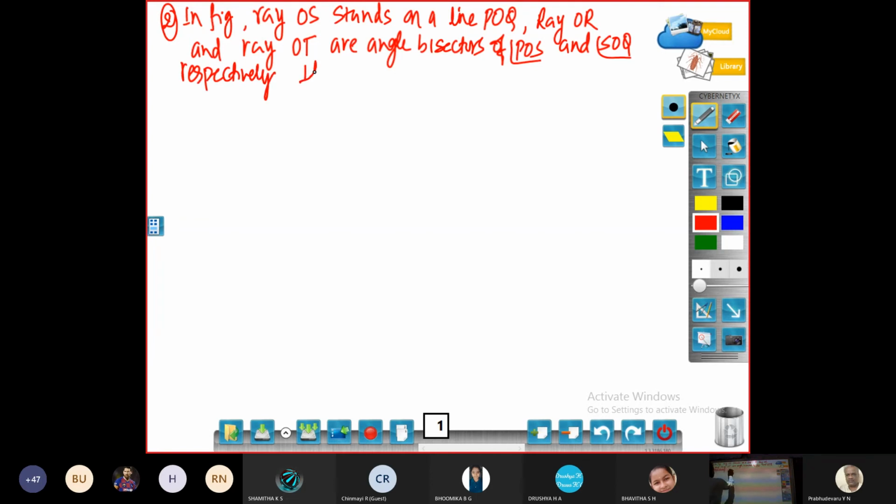If angle POS is equal to x degrees, find ROT.